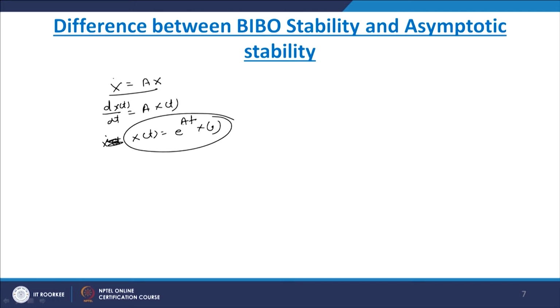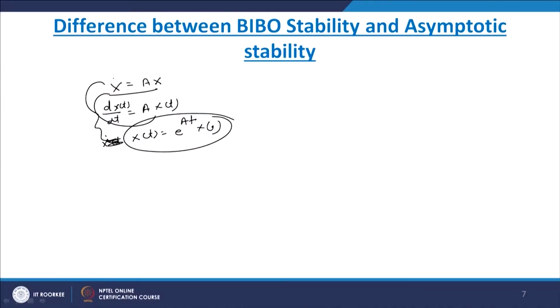More details of these issues we will see later, but for the time being, because we want to learn the difference between BIBO and asymptotic stability, I have written this equation. So x of t equals e raised to At times x of 0.